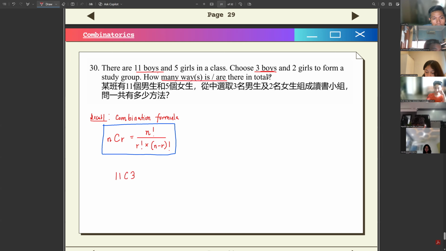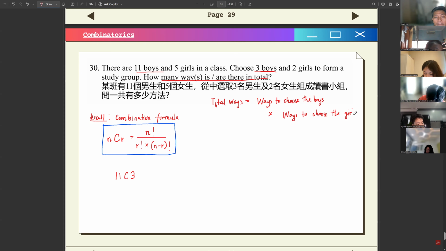So by the way, the total number of ways is just ways to choose the boys times ways to choose the girls. Okay? You just multiply the two. So in this case, the ways to choose the boys is 11 choose 3. Now, r is for the number that we want to choose, n is the total.